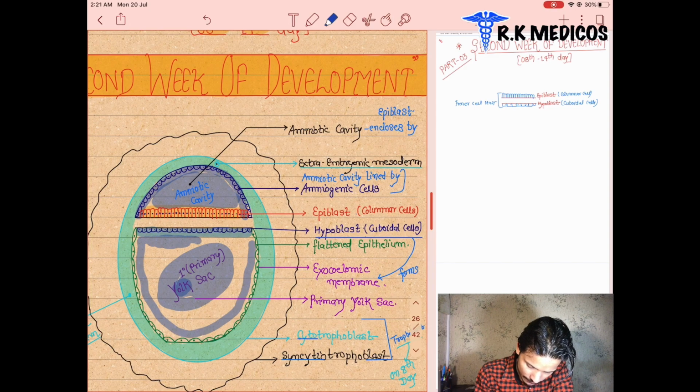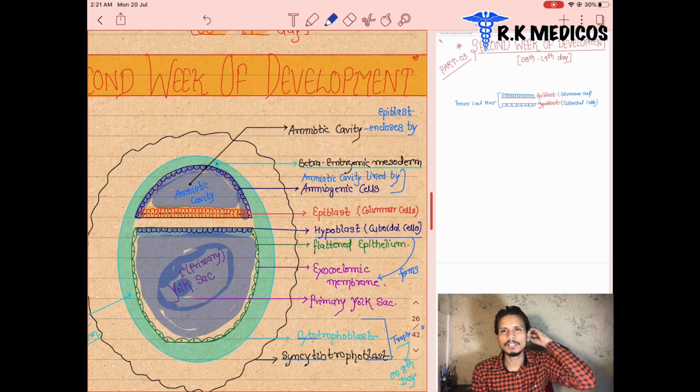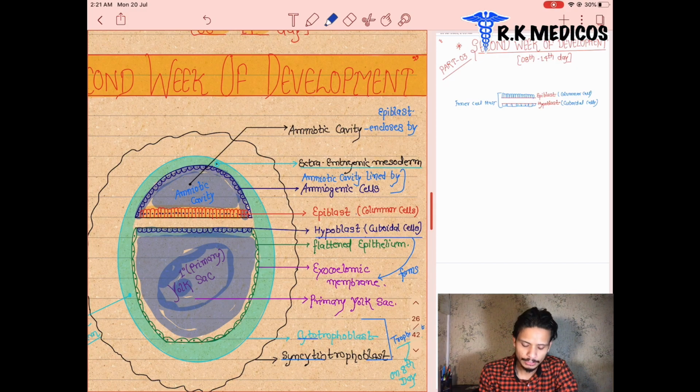The cavity formed just below the hypoblast is called the primary yolk sac, and the cavity formed above the epiblast is called the amniotic cavity.